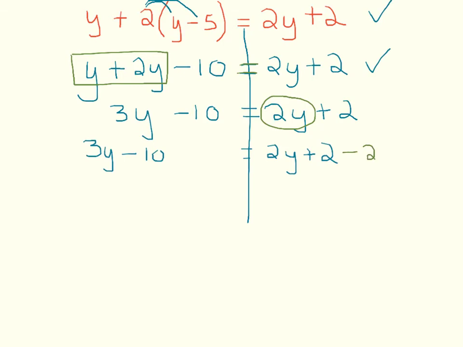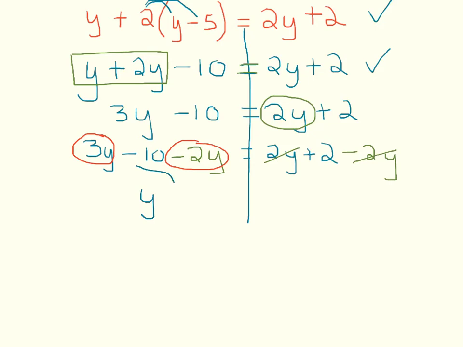So I will subtract 2y here to cancel, and then subtract 2y on this side. And when I combine my like terms, 3y minus 2y is just 1y. And you can write it as 1y, or simply write it as just y.